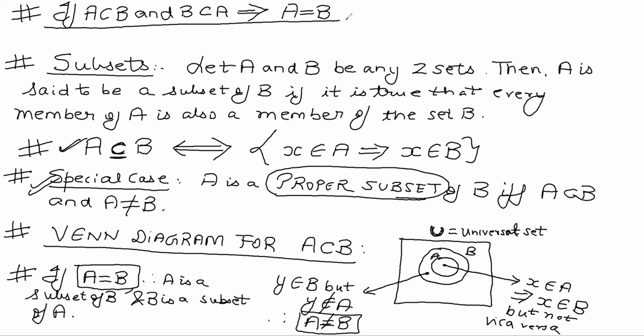Excuse me, sir. Please ask your doubt. Sir, when a subset is written in the question, what do we have to consider? Do we have to consider proper subset? Unless they mention proper subset to you, you will consider the second point. But if they mention proper subset to you, you will consider the third point.